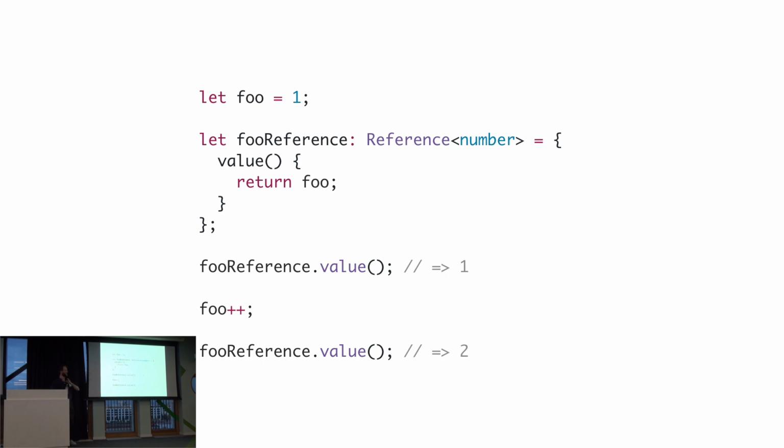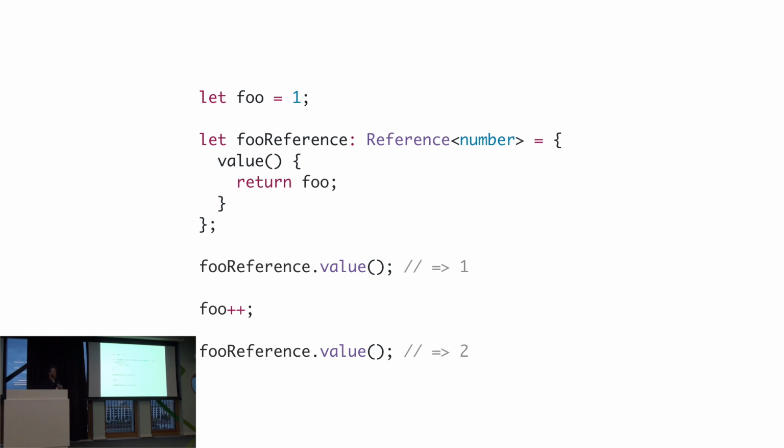We will see why that is later on. We have a variable foo, which is 1, and then we have a reference to that. And the reference has a value method that would just return the value of the variable foo. Right? So if we call it the first time, we get 1, and then if we increment foo, we get 2. Right? So pretty straightforward, pretty simple.